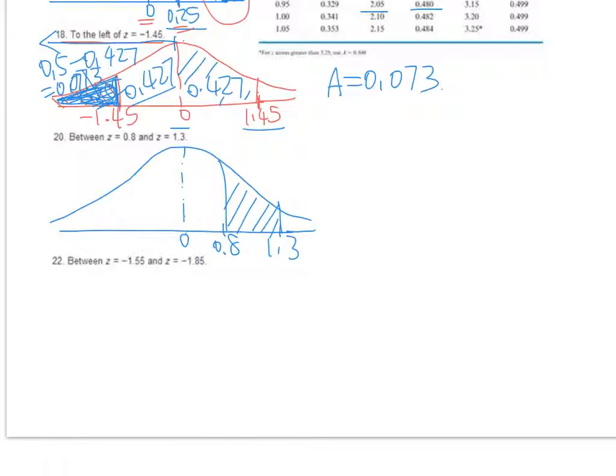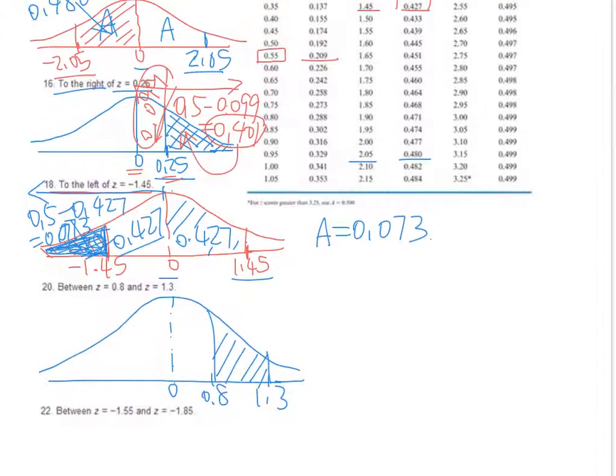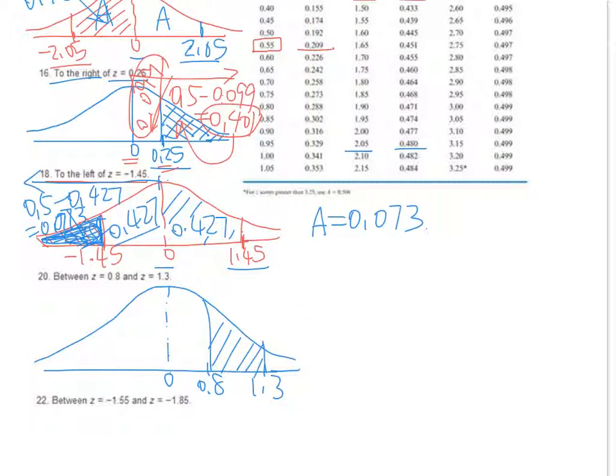With each z-score, I can go to the table. Let's go to the table. Look up 0.8 first. 0.8 is right here. The 8 value is right here as 0.288. 0.288 should go in here. Remember, we said all the values you find from the table will be between z equals 0 and a positive z.